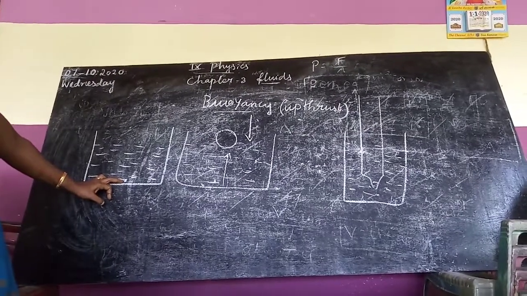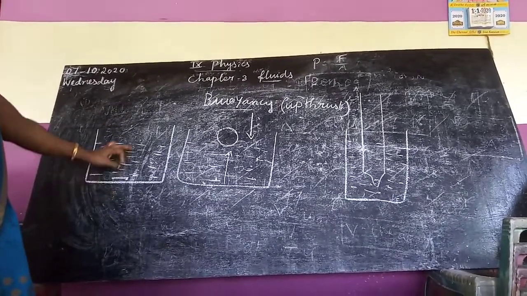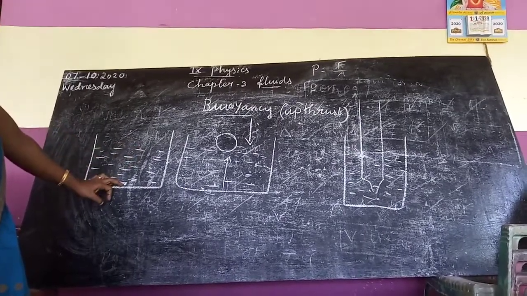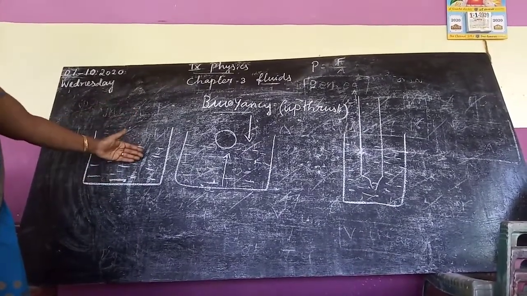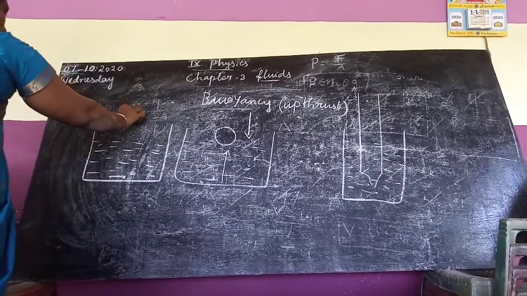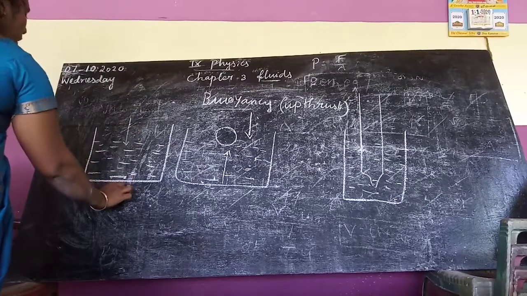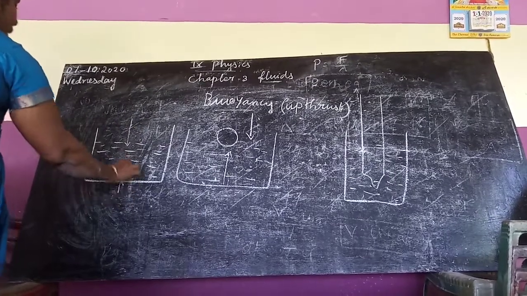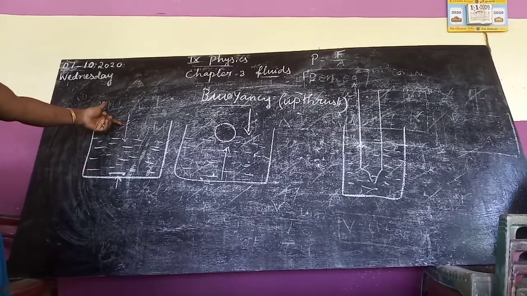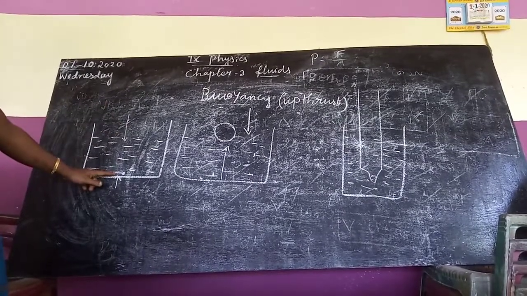The weight of the object is greater than the weight of the liquid. Here the gravitational force acts downward and the upthrust force acts upward. So why is it sinking? The upthrust force is less when compared to the gravitational force. So the object sinks.